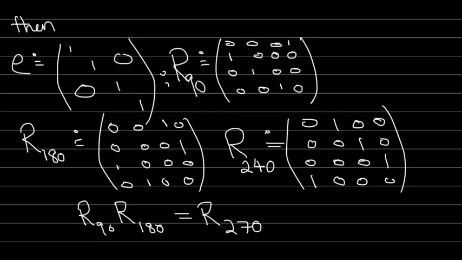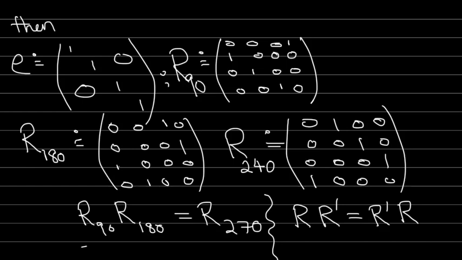Right? Now note that all of these elements form an abelian group, right? And that is because if you have any of these rotations R and R prime, you take any one followed by the other, that is the same as if you were to take the other one first and then the first one, right?